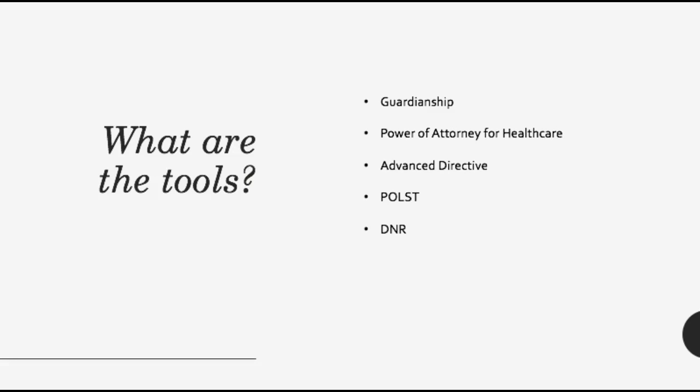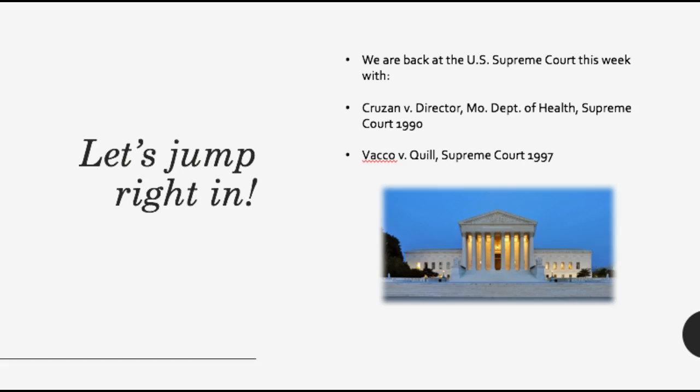Advanced directives are similar, but it's basically when you set out what you would like to happen under certain circumstances. POLST are physician's orders for life-sustaining treatment, and DNRs are do not resuscitate. Those are a little bit different because patients usually do those with their doctors, where they talk about their options and what they would like to happen under certain circumstances.